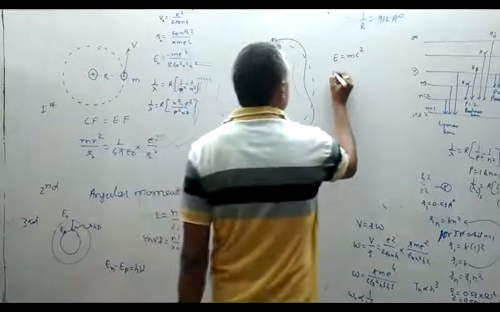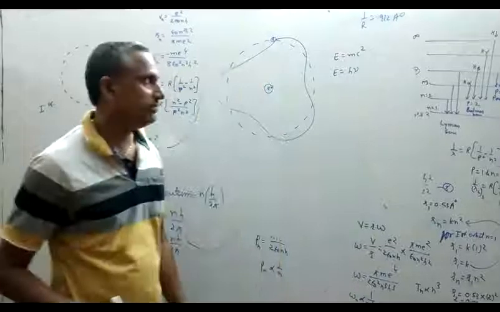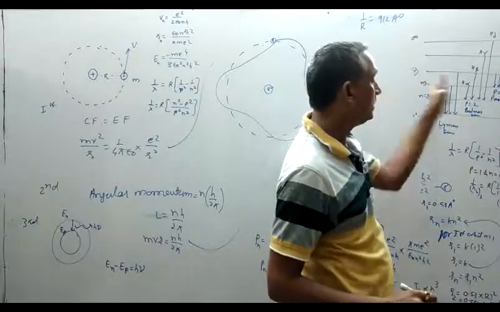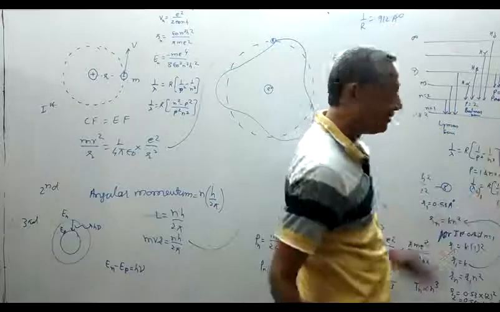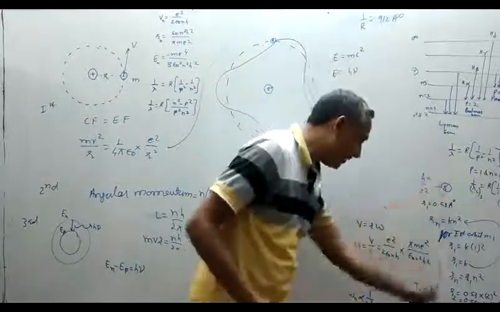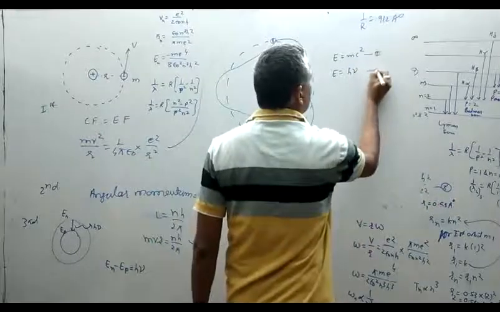But we know that E is equal to h nu according to the third postulate of Bohr's theory. Whenever an electron jumps from a higher orbit to a lower orbit, energy is emitted in the form of a photon, and that photon has a certain wavelength calculated using this formula. So these are equation number 1 and equation number 2.